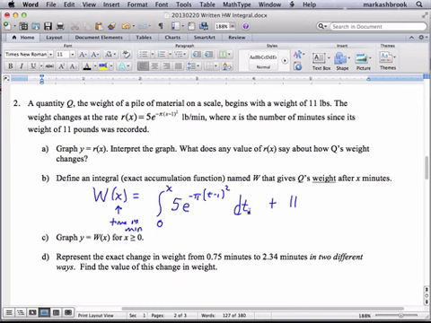Okay, what does the integral mean? The change in weight in the first x minutes. And the whole thing together then is? The weight after x minutes. Okay, and make sure that 11 is not inside the integral, right?